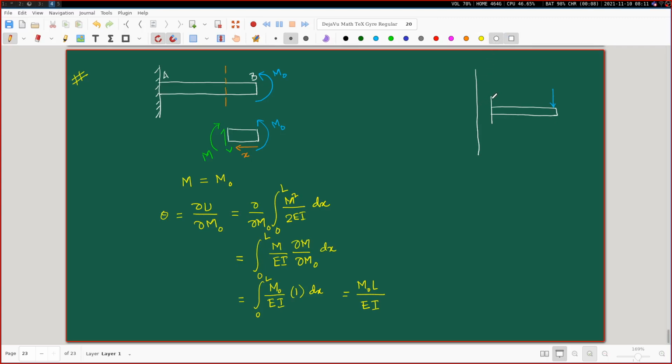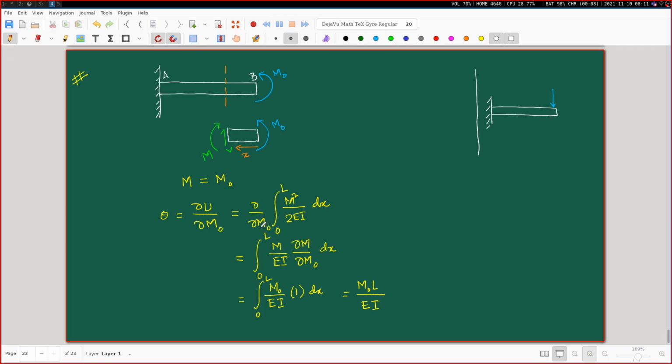Now in this case also this beam is going to deflect. As a result, there is going to be some slope at this end. How are you going to find out the slope at this end? Any ideas? Because here we were able to do the del m naught.